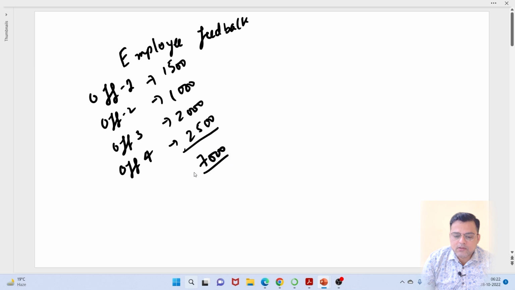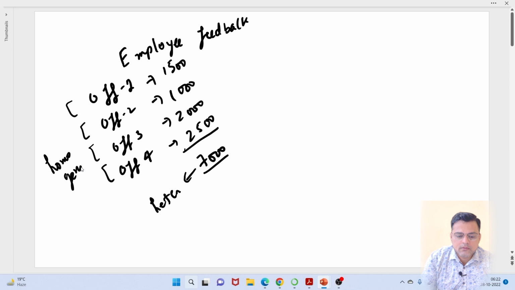So this 7000 represents a heterogeneous population, but the different offices represent a homogeneous population, and this is also called strata. And let's say that I have to select a random sample of 250 employees for a survey from these offices.